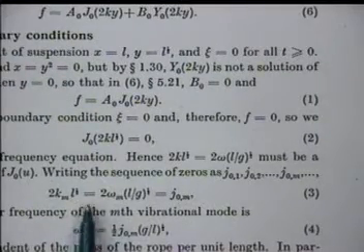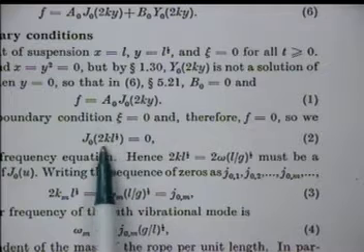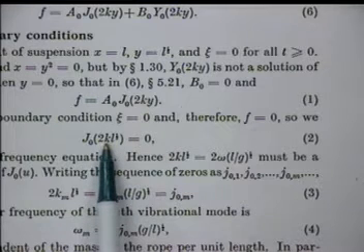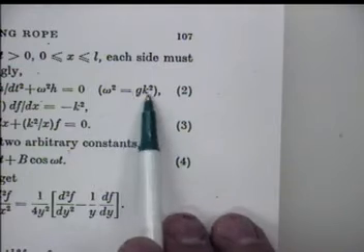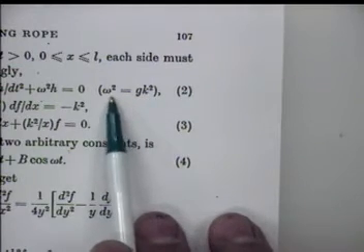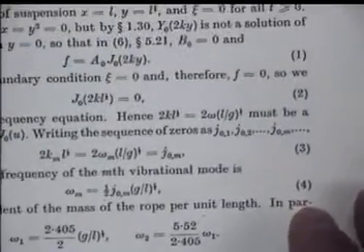Let me back up and make a substitution. Remembering the k value back here, we arbitrarily set k squared times g equal to omega squared. So let's put that back in down here.